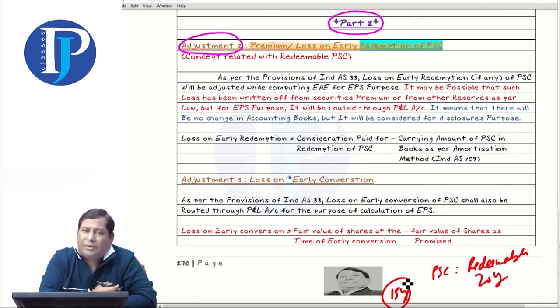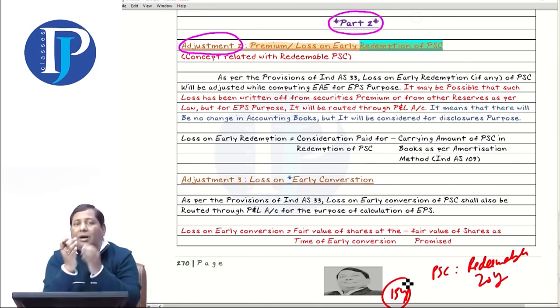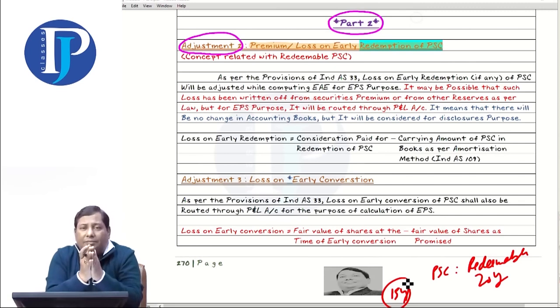Everyone agreed to give money. If the company has done an early redemption before time, then sometimes at the time of early redemption, it will pay some premium. I hope this is clear. Those who are preference shareholders, if they get the money before time, may face income loss in the future.